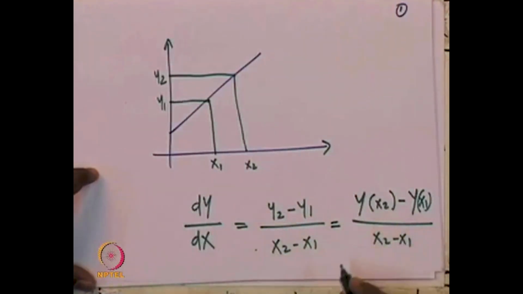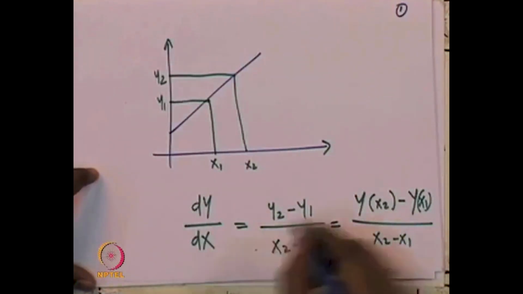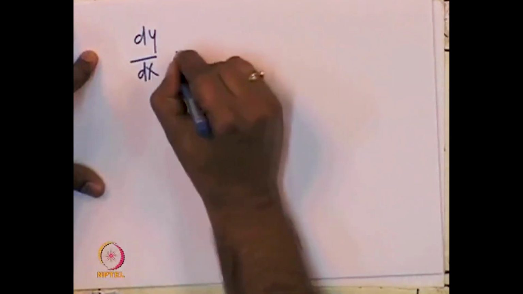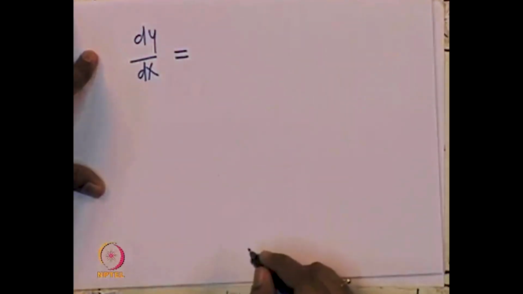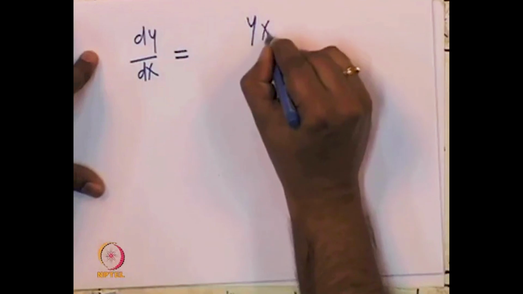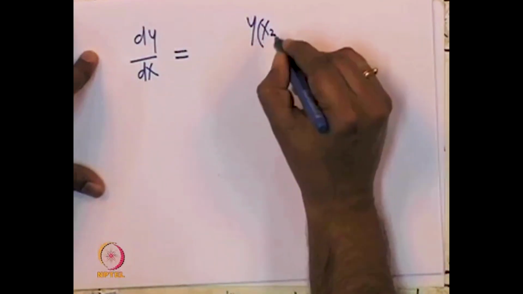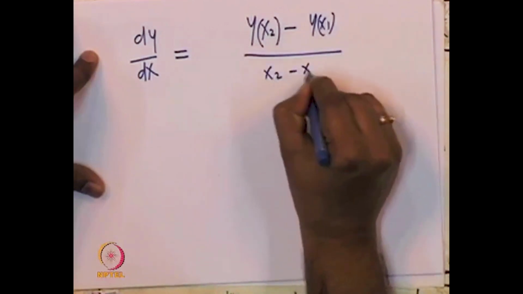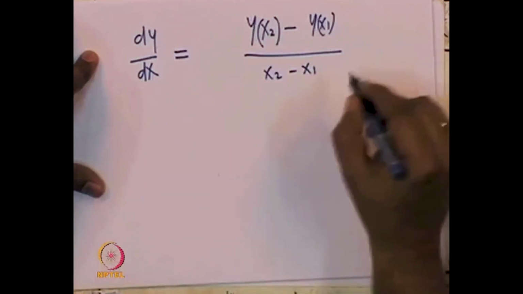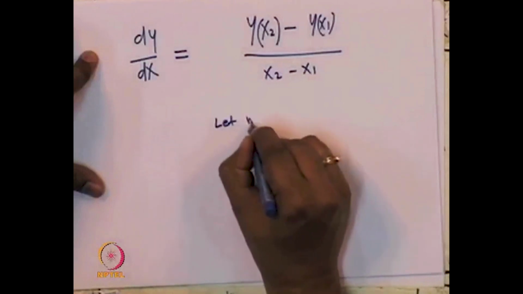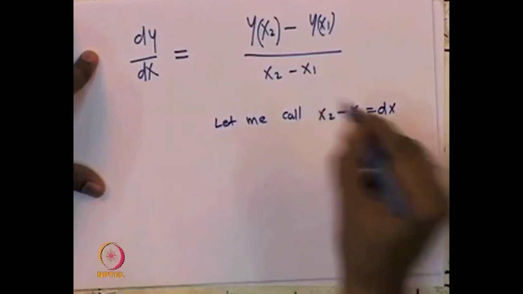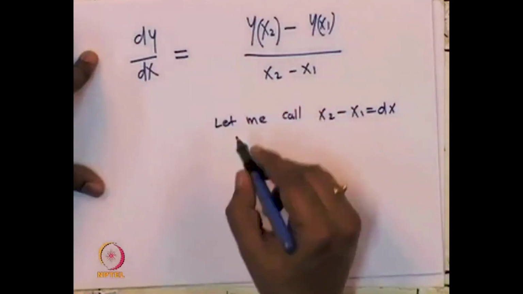So, strictly speaking, the definition of dy by dx, let me write it here: dy by dx is equal to y of x2 minus y of x1 divided by x2 minus x1. Now, let me call x2 minus x1 equal to dx. This is the change in x. So, this is dy by dx.